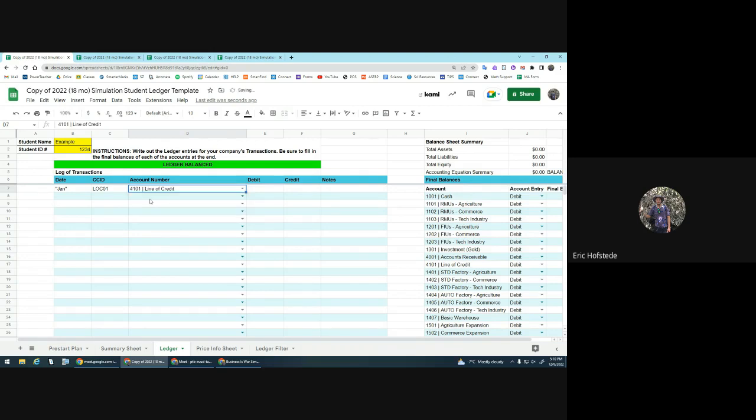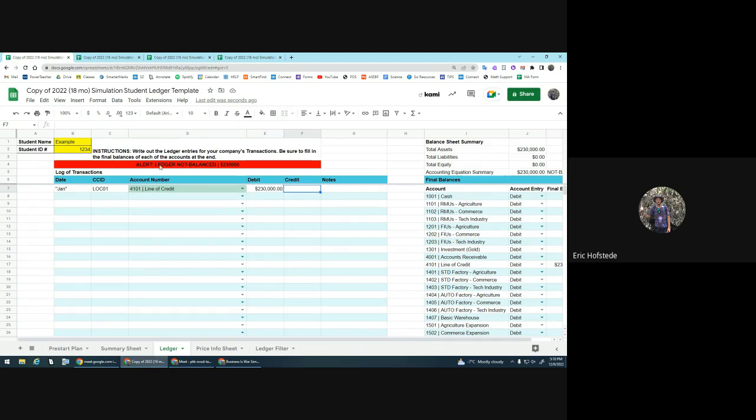So I'm going to get myself this future asset to turn into cash. So I'm going to debit, because debits increase assets, make them go up, $230,000 into my line of credit account, 4101.